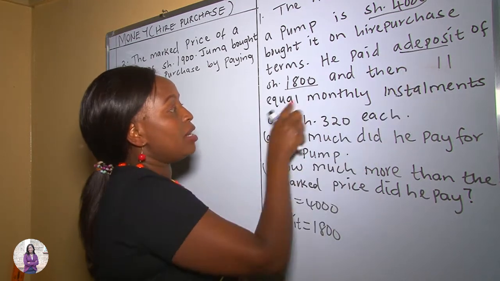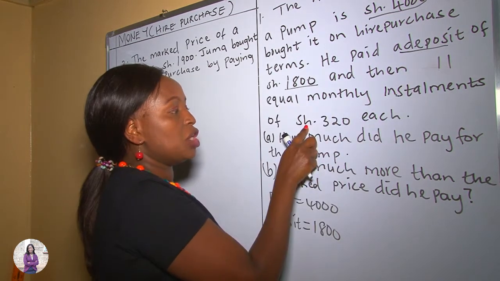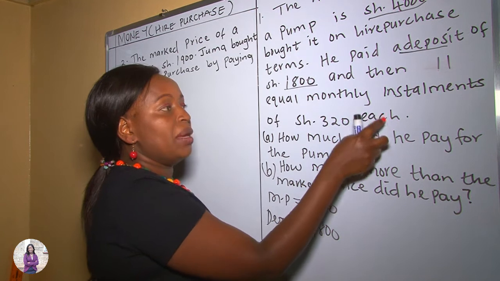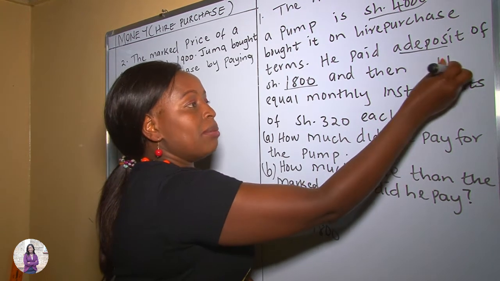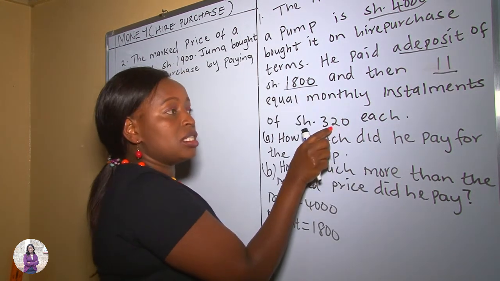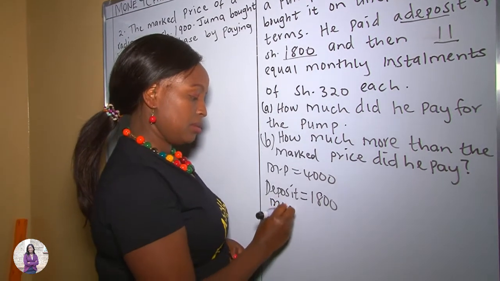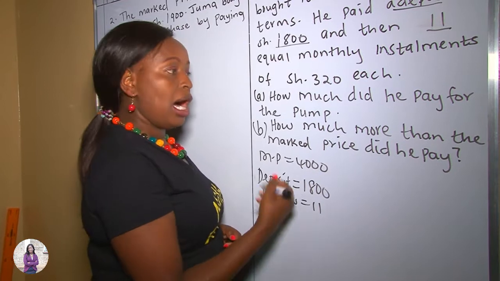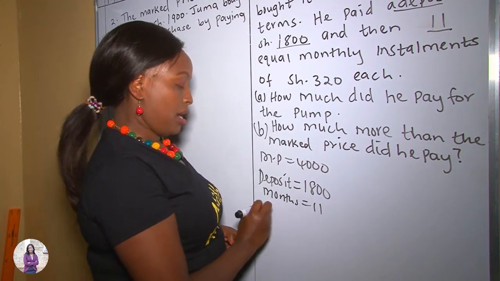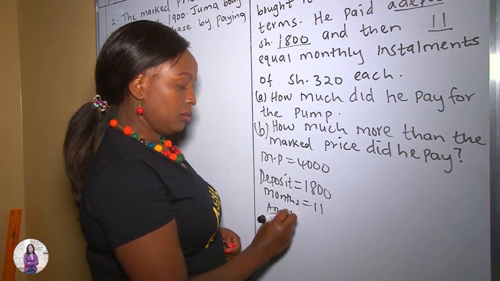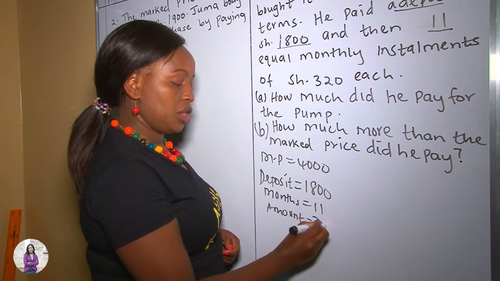And then 11 equal monthly installments of shillings 320 each, meaning the months are 11, and each month is 320. So months are 11. Amount per month is equal to 320 shillings.